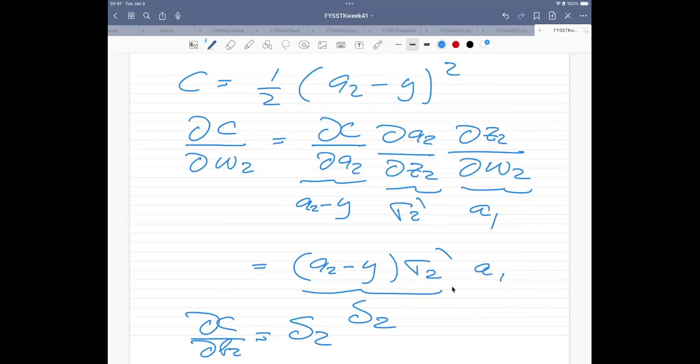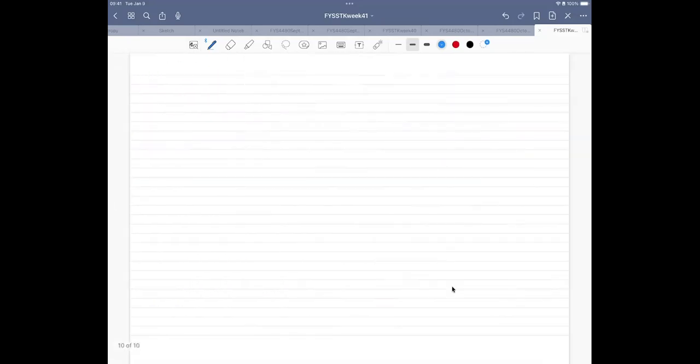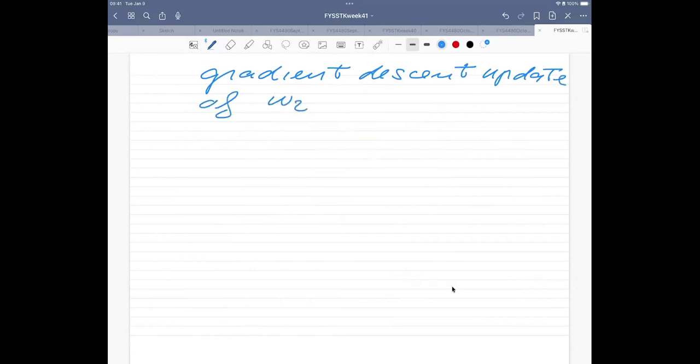parameters. So that means that what I can do now is to find my gradient descent update of W2 and B2, which are the output layer parameters.